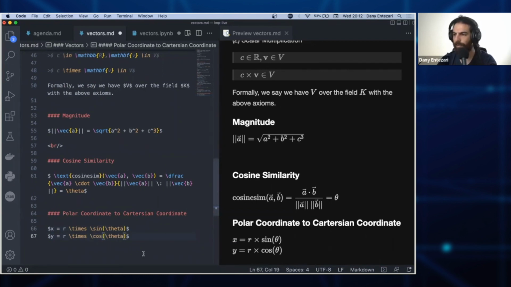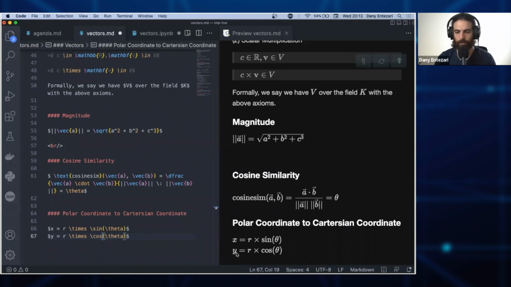This is how you convert. We now have the angle theta for our cosine similarity. Now we just need to calculate the sine of that angle, which will give us the ratio. For sine, the ratio will be opposite over hypotenuse, right? And cosine would be adjacent over hypotenuse.